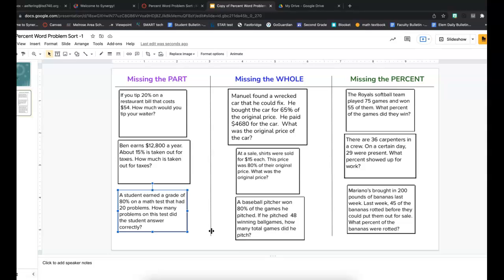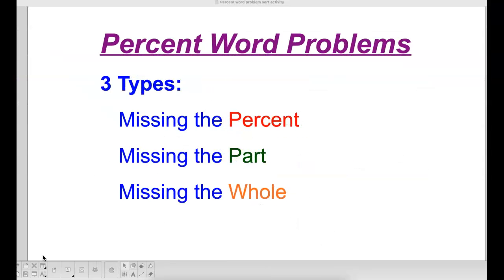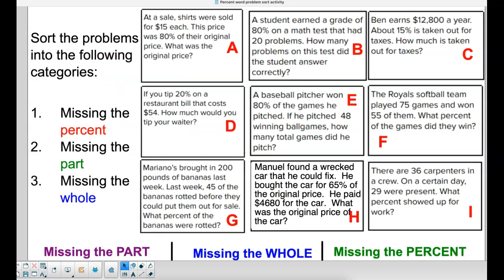Okay, yep, right on the top of this paper, I'm going to give you a letter. In a moment, you are going to get up and find the other person or people that have the same letter as you, and your group's job is going to be to solve that problem. Okay? So everybody will end up solving one problem. Your group is then going to come to the board and present that problem to the class and tell us how you solved it. Does that make sense?